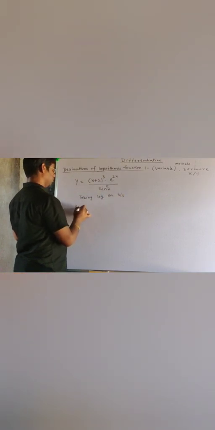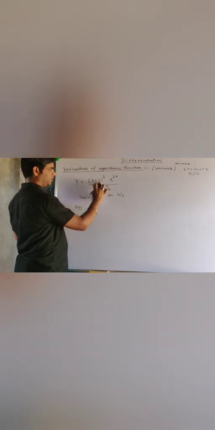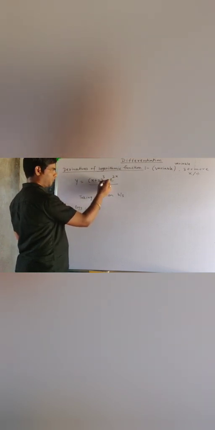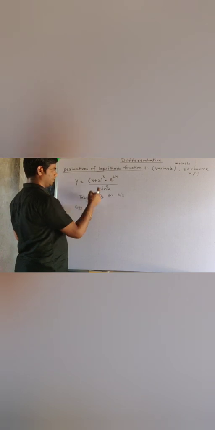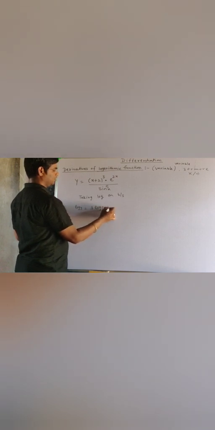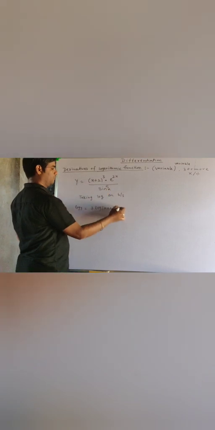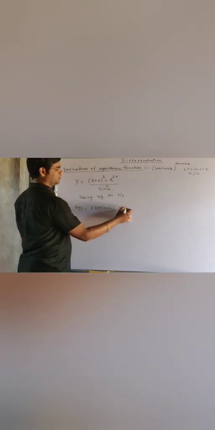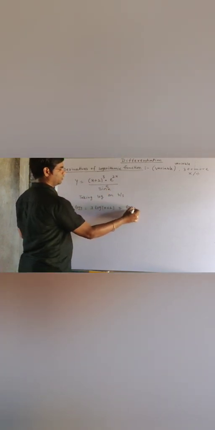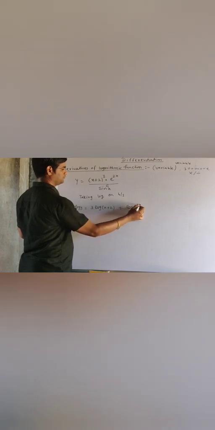So after taking log of y, here apply the product rule in the form of logarithm. For multiplication it becomes plus, and you can skip one step, that is the exponent law. Let us solve the steps.